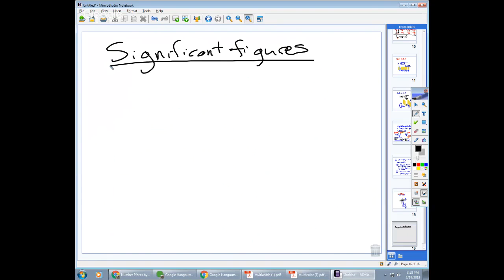So we talked about rounding before, and rounding is just a matter of identifying the right place value. And that was kind of going on in section 7.1. We're going to take that just in a slightly different direction with the idea of significant figures.